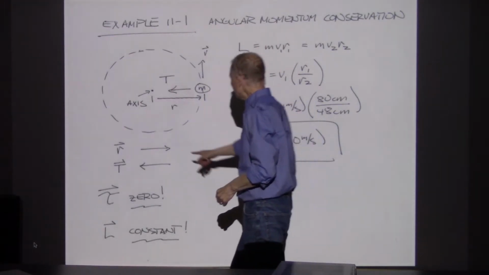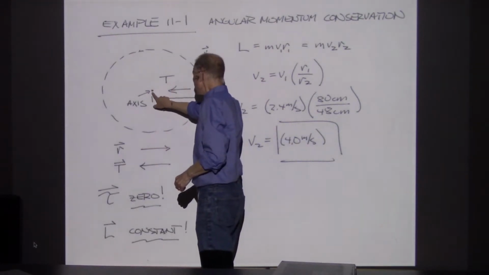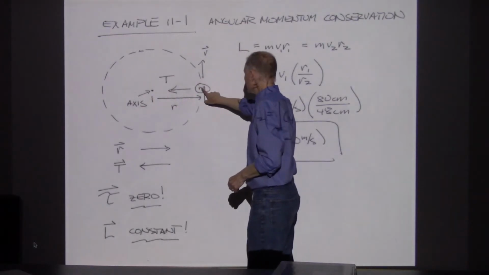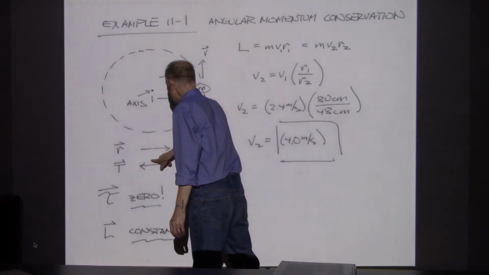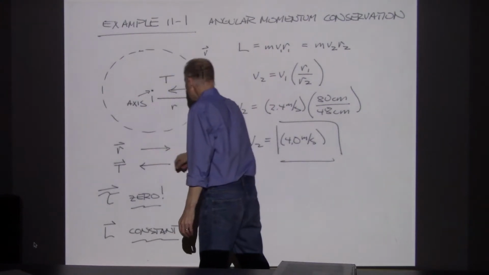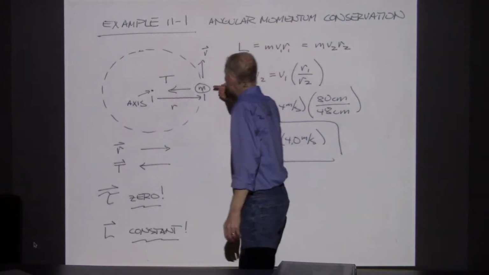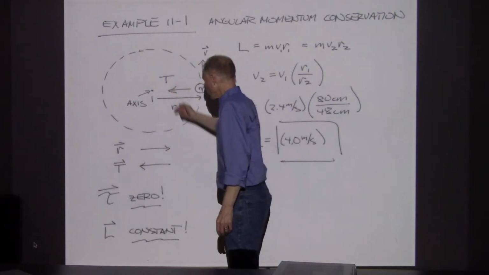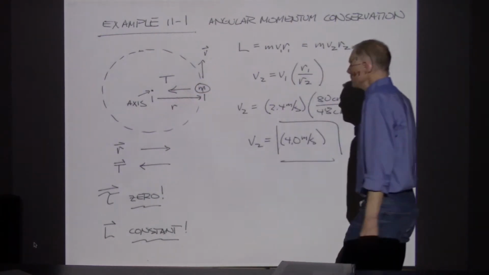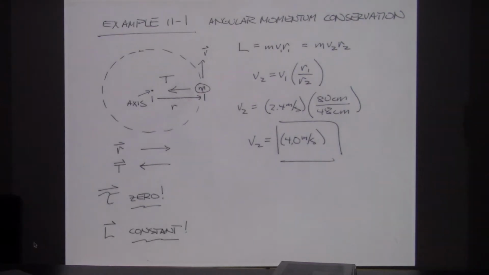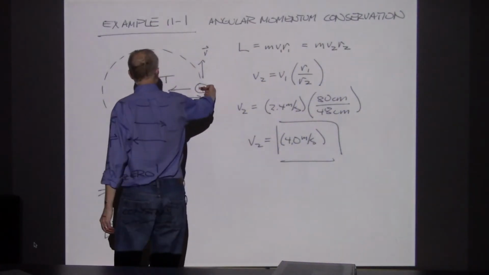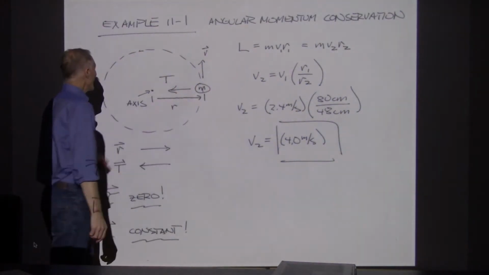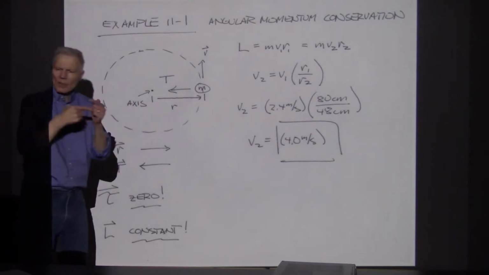And so what we've got here is r is directed from the axis out to the center of the object that we're looking at. There is a tension force, a force in newtons, pulling the object back towards the center. Now, there's no torque. The reason there's no torque here is that the force and the lever arm are lined up with each other.